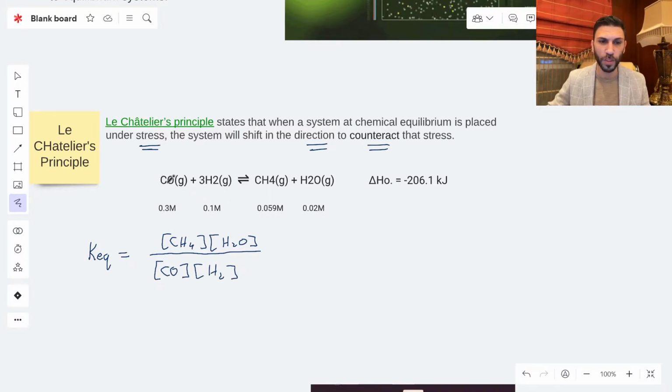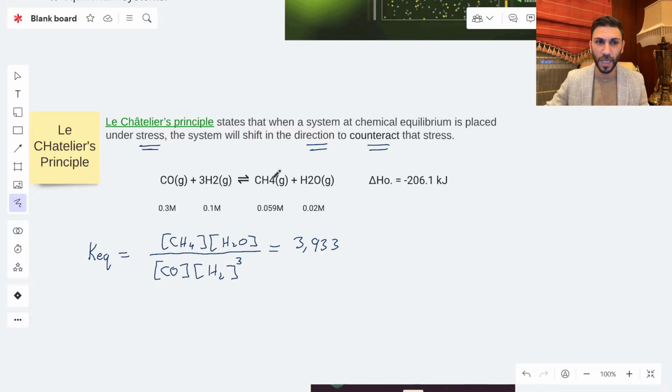Here we have 1 mole, and here we have 3 moles, so it's going to be cubed. And if you calculate the Keq, it's going to equal 3.933.